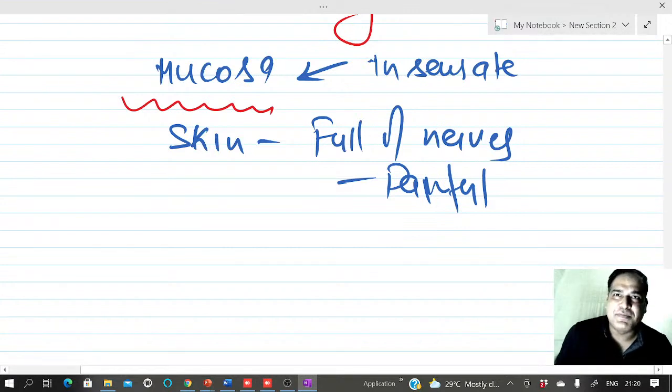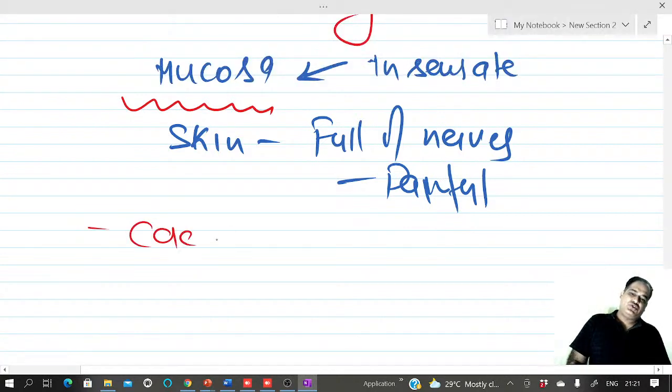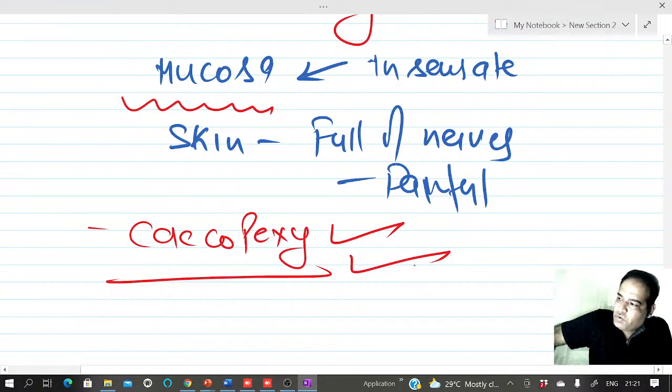That depends upon the experience of the surgeon. If the surgeon is experienced, he can do it laparoscopically. So in the examination, the choice option will include cecopexy. Go in for cecopexy if it is there in the options.